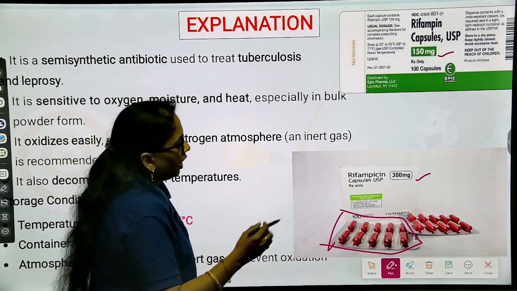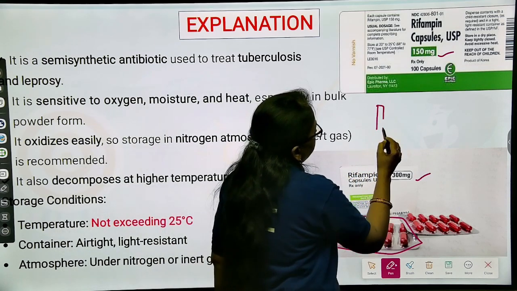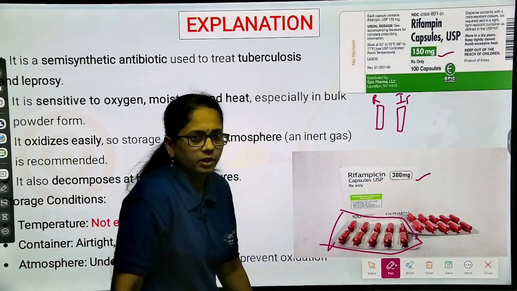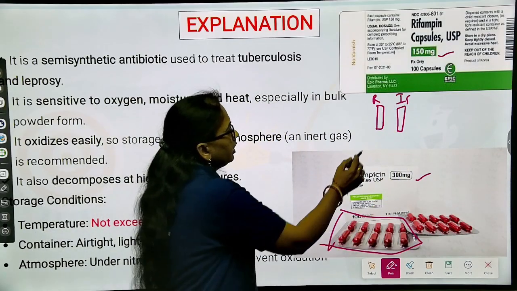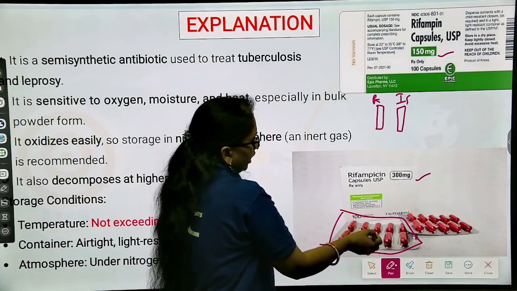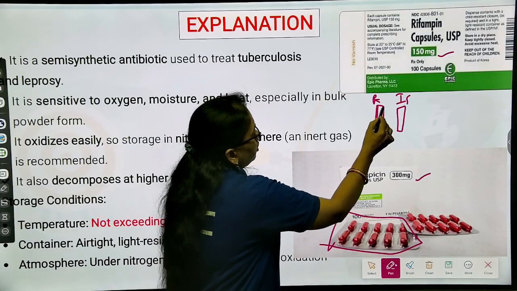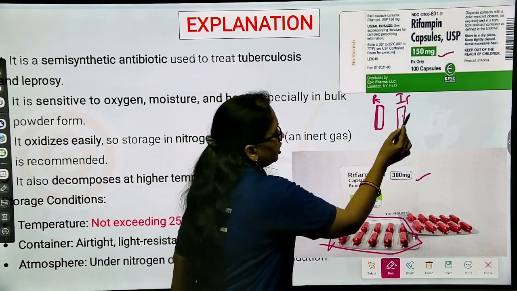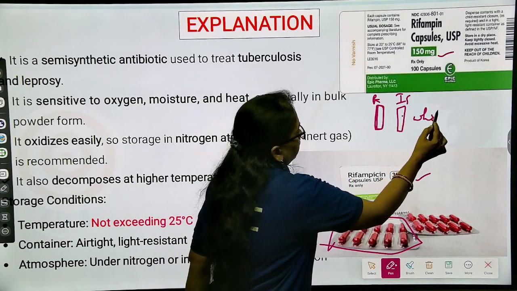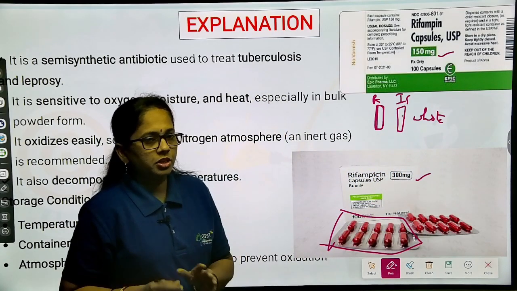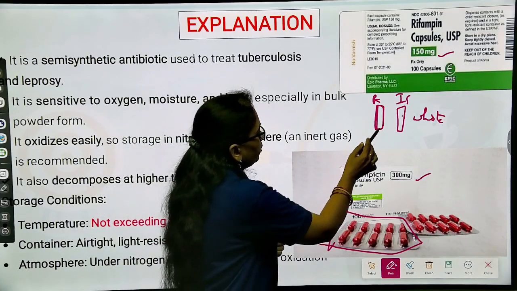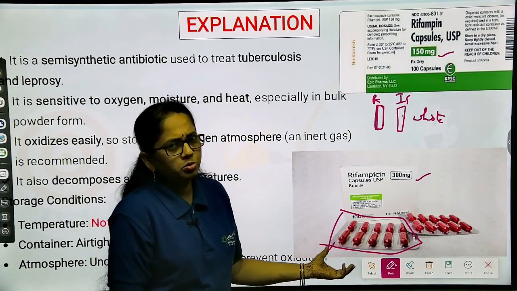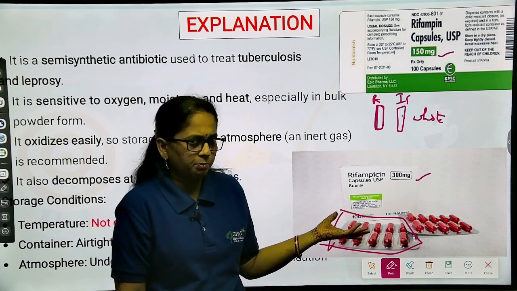It is also available as a combination of rifampicin and isoniazid for anti-tubercular treatment. For rifampicin they specifically use a red color capsule, whereas isoniazid is in a white color tablet. They maintain this differentiation because it should be protected from light and kept in an airtight container, so they use different types of packing for rifampicin.